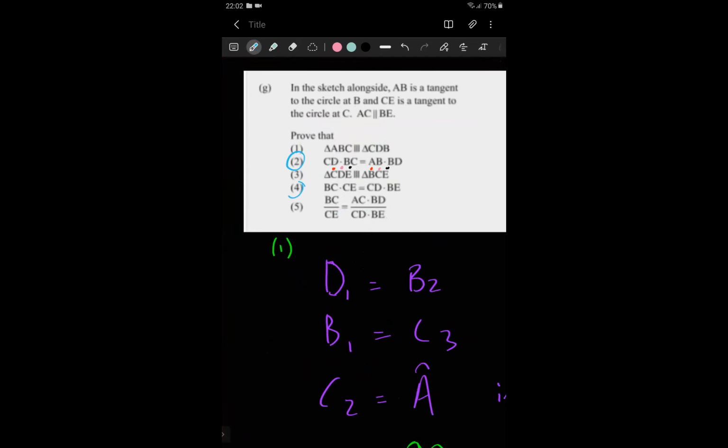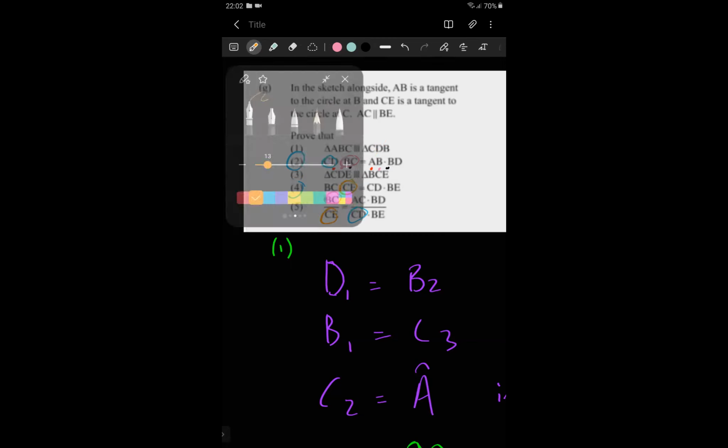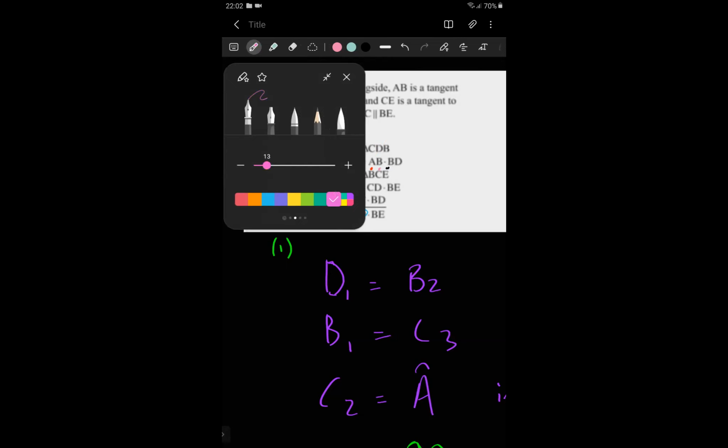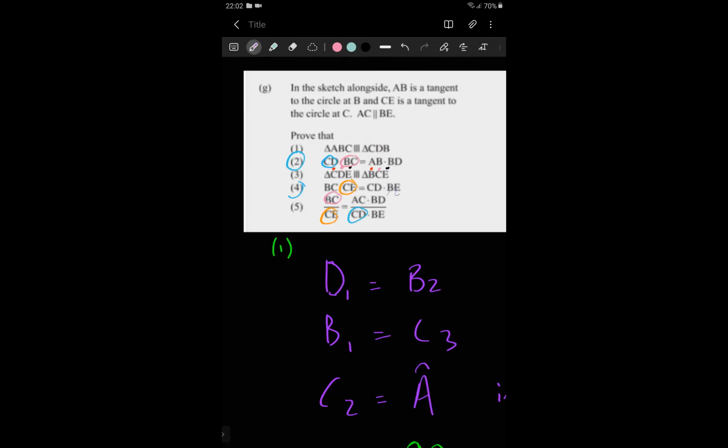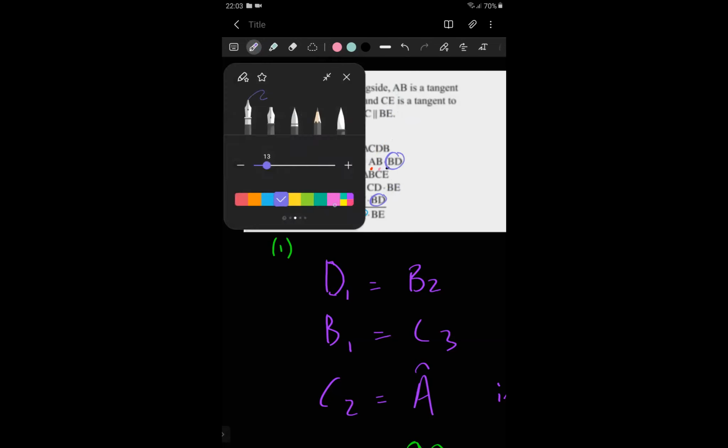There is CD there, CD there. There is BC here, BC here. There is CE here, there is CE there. And then there is BD here, there is BD there. And then what else? Let's maybe take red.